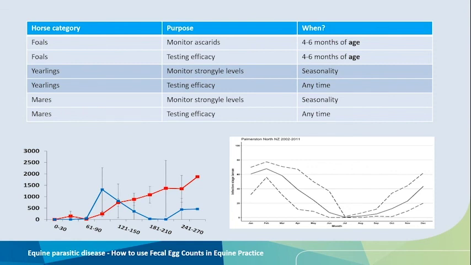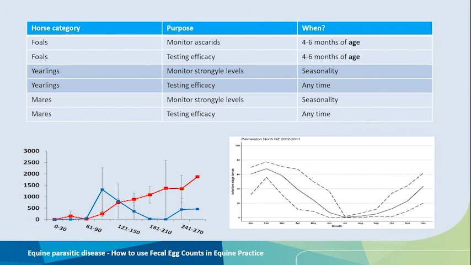There are some times of year where there are little or no parasites, larval development on pasture, where the infectivity will be very low in the winter, and then in the summer, that's where you need to focus on your treatments. We do not recommend screening for strongyle shedding levels in yearlings because they are just considered susceptible young individuals, and most of them are likely to be high shedders anyway.